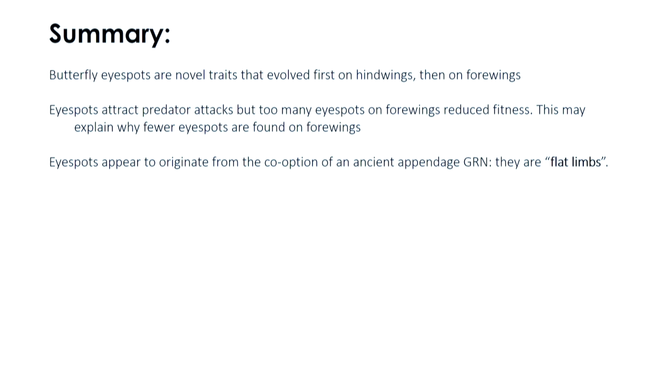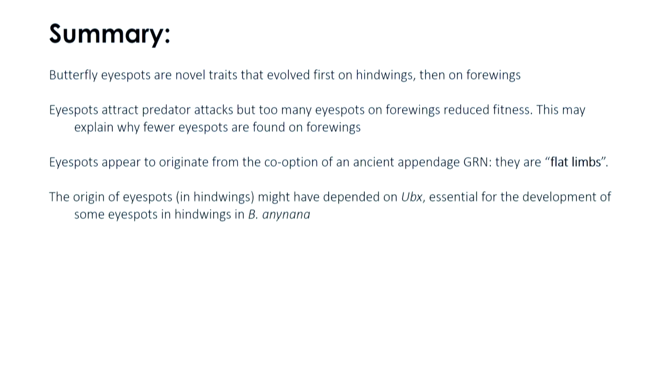Eye spots appear to originate from the co-option of this ancient appendage GRN. They seem to be flat limbs redeployed on the wings. The origin of eye spots in hindwings might have depended on Ubx, but additional comparative work is necessary. And Ubx might be essential for eye spot development on some eye spots. We know it is essential in some eye spots in Bicyclus anynana.